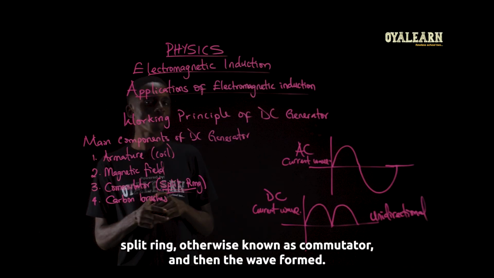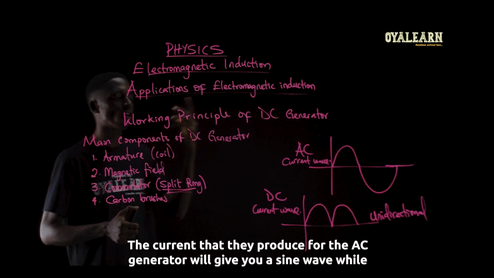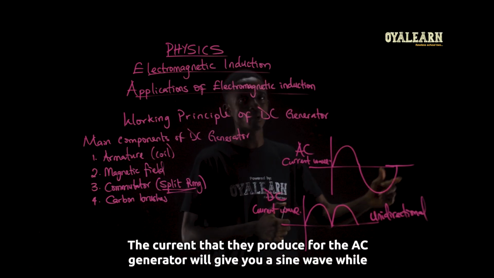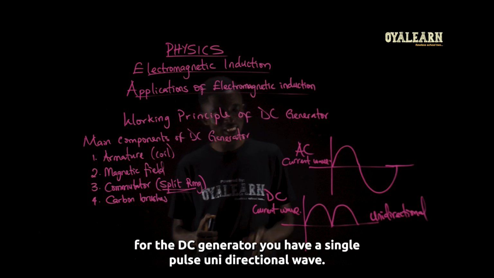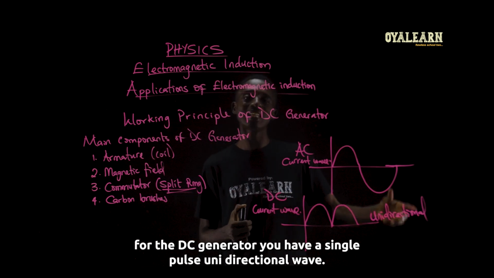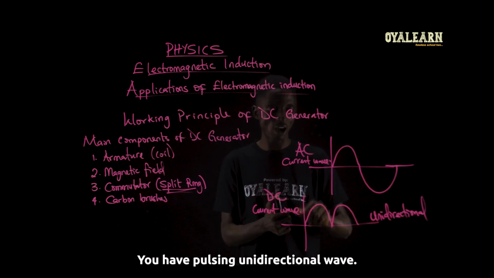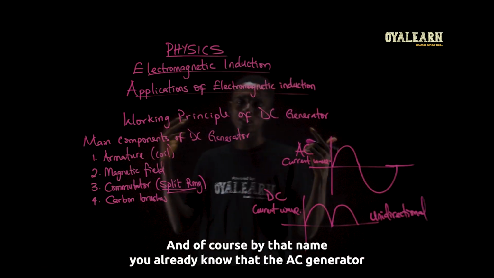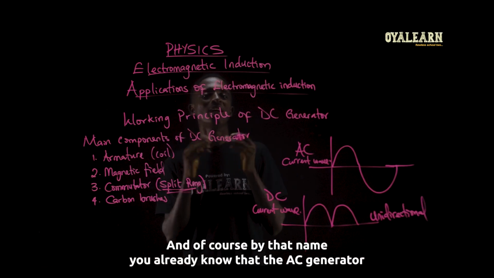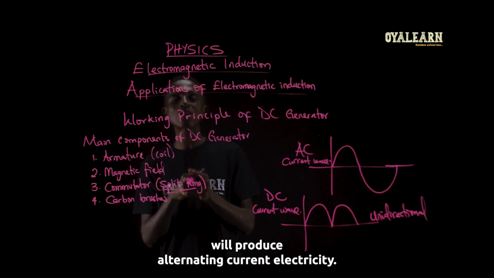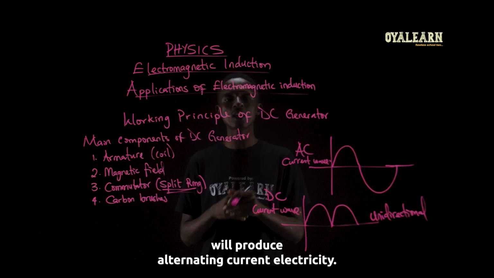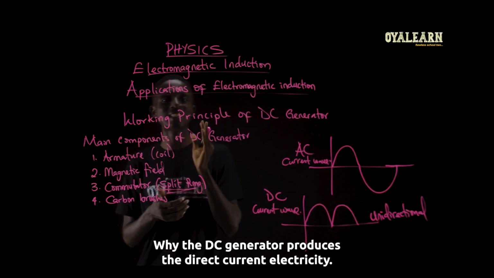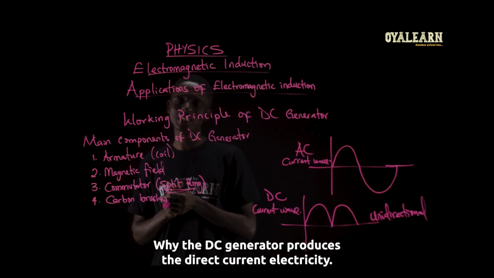And then the wave formed, the current that they produce, for the AC generator will give you a sine wave, while for the DC generator you have a pulsing unidirectional wave. And of course, by their name you already know that the AC generator will produce alternating current electricity, while the DC generator produces direct current electricity.